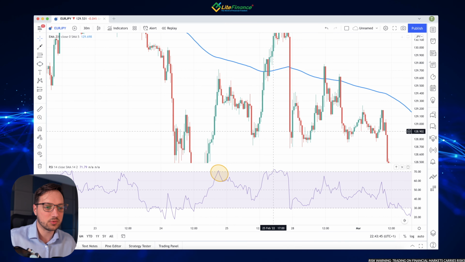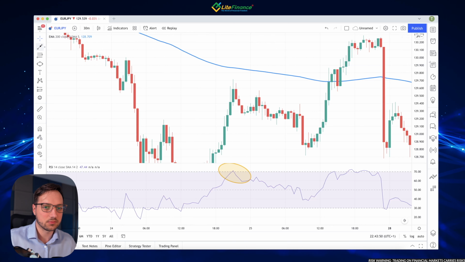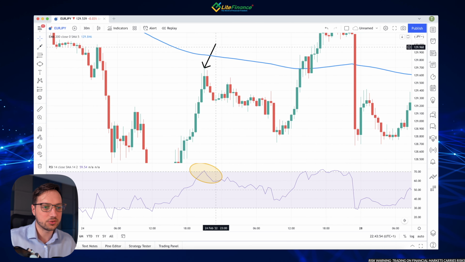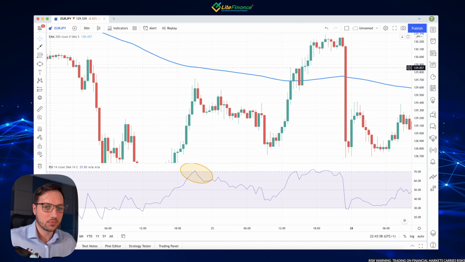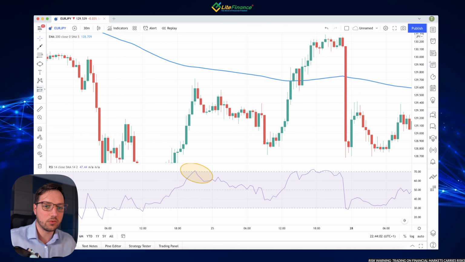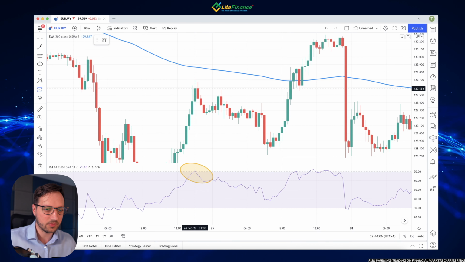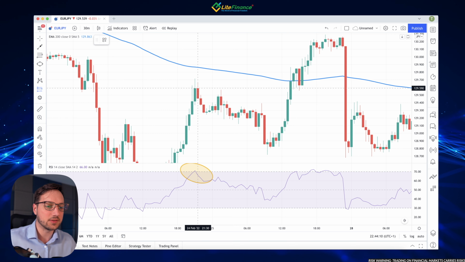We are talking about this moment over here. The price is below the 200 period moving average, and so it went to the downside, and all this occurred at the closing of this green candle. So we are entering at the closing of this candle, or open at this red candle.